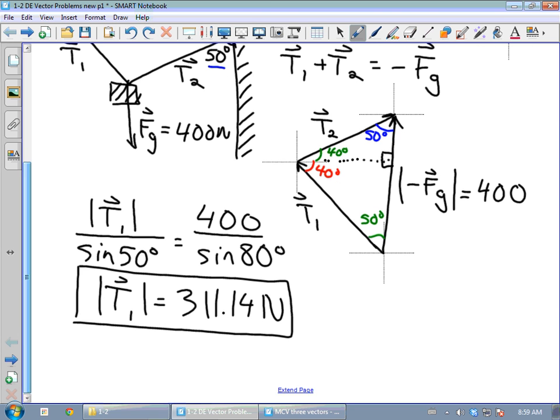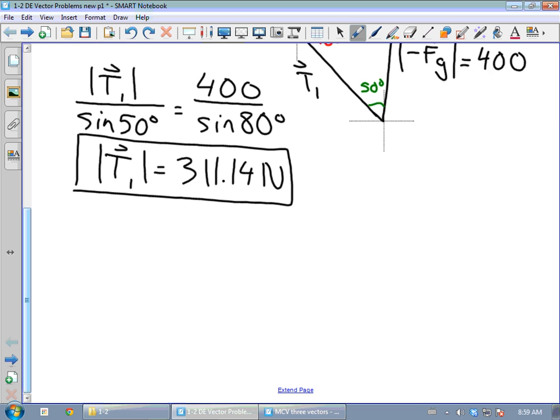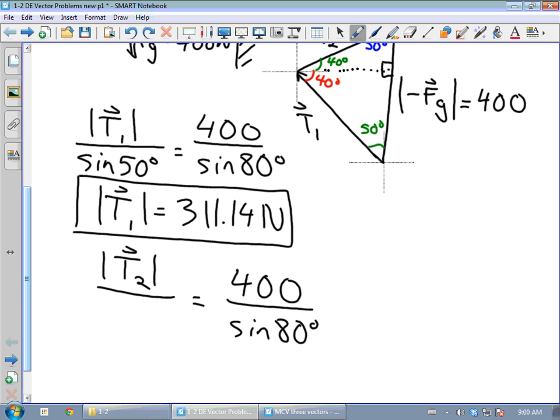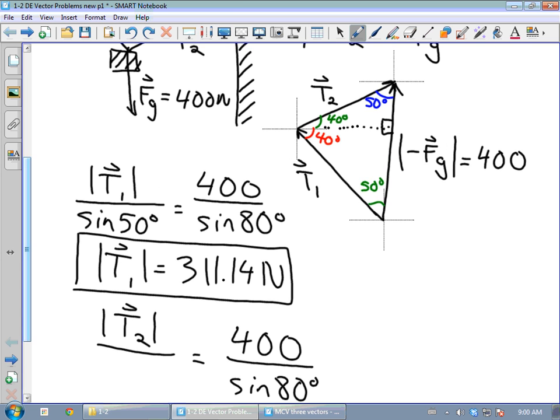Okay? And now we need the tension in the second rope here. So let's see. We can do the same thing. Sine law, T2. We're also going to use that 400 divided by sine 80 degrees. That's the side angle pair that we were given in the question. And what's the angle that is opposite T2?